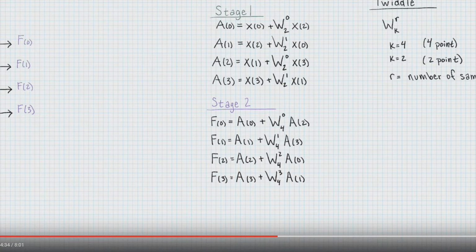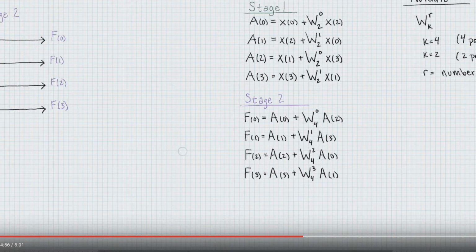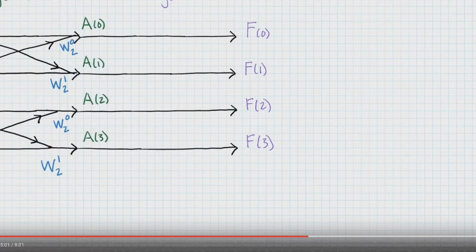Over here in stage 2, we'll be using the outputs from our stage 1 as our inputs for our stage 2. And it acts just the same as we did before, except now we're using a 4-point, so our twiddle factor has base 4, and our R samples go from 0 to 3. So, go ahead, solve for our f of 0.